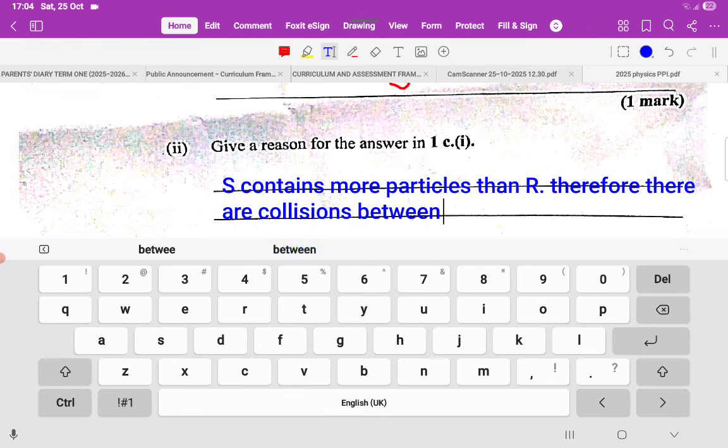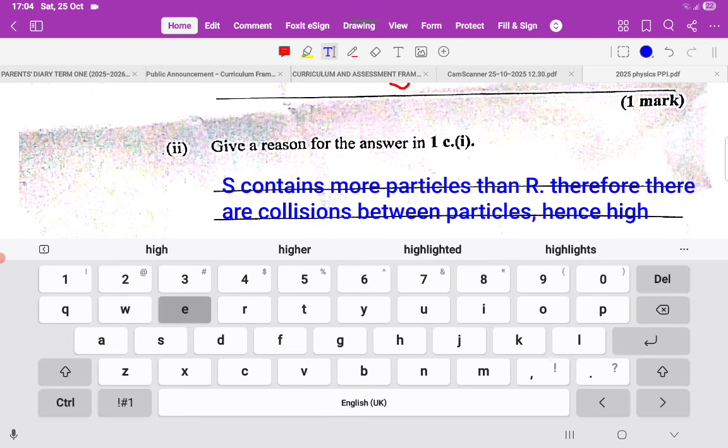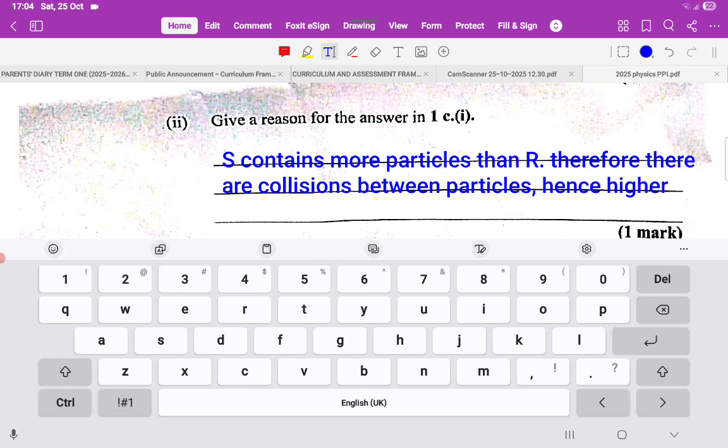More collisions between particles, hence higher pressure. So that's the explanation.